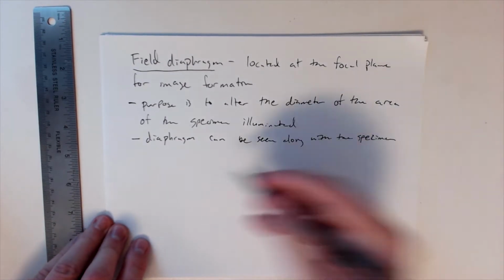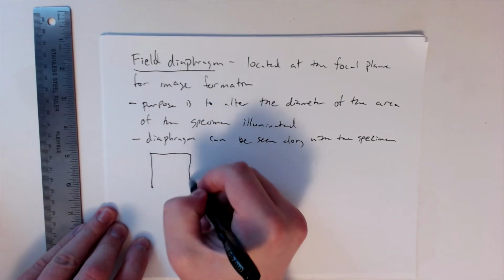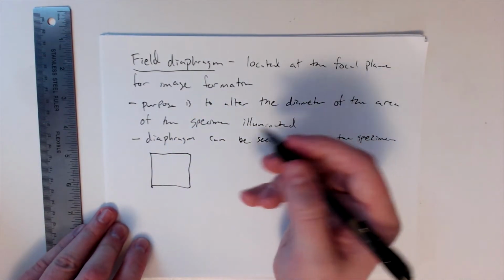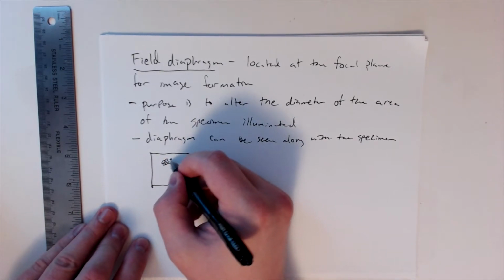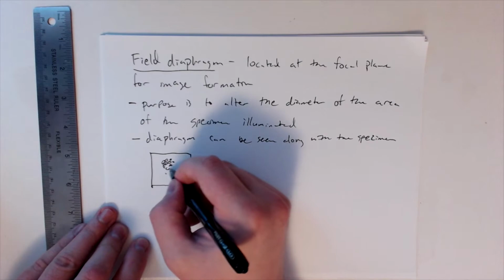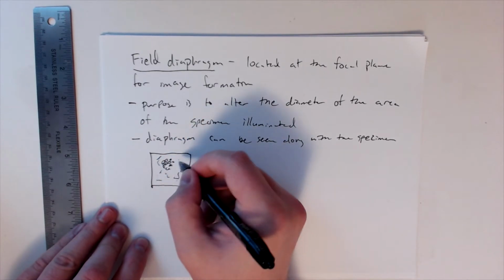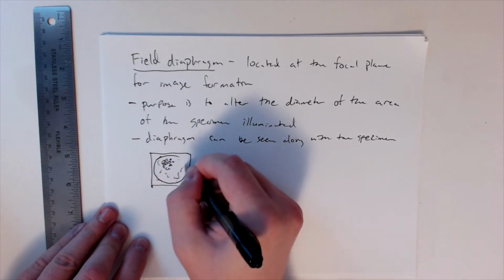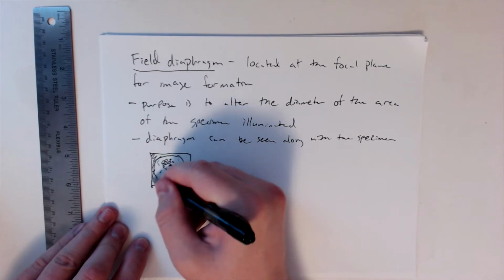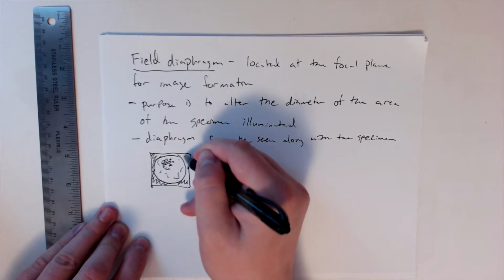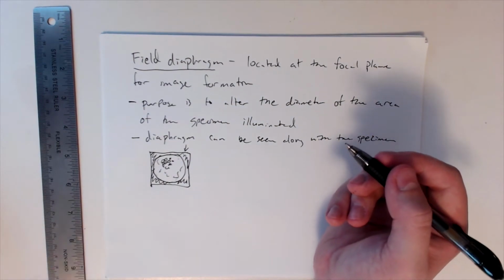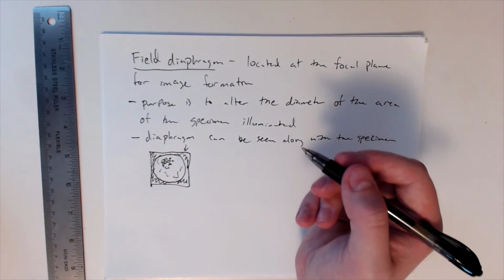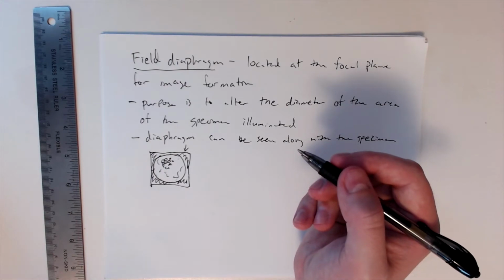So sometimes it's actually seen. If we have a microstructure here, this is an image you're looking through the eyepiece, and you see all these features on your image. All right, so that's our image, and then you see this thing around it, and it's black out here, right? That's this diaphragm. This is a field diaphragm. So we can sometimes actually see this diaphragm when we're looking at the image.